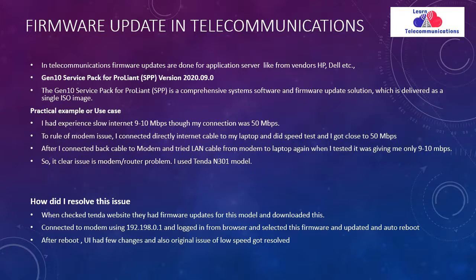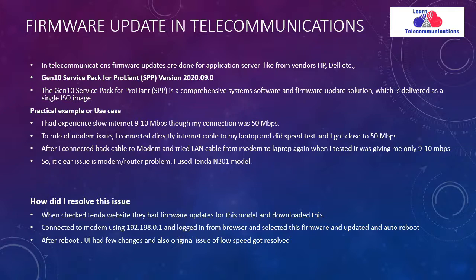To rule out a modem issue, I took the cable that was coming to the modem and connected it directly to my laptop, and I got close to almost 50 Mbps. When I put the same cable back onto the modem, and took a LAN cable from the modem and connected it to a PC, I was still getting 9 to 10 Mbps. That made it clear that the issue was in the modem, and I was using this Tenda N301 model.